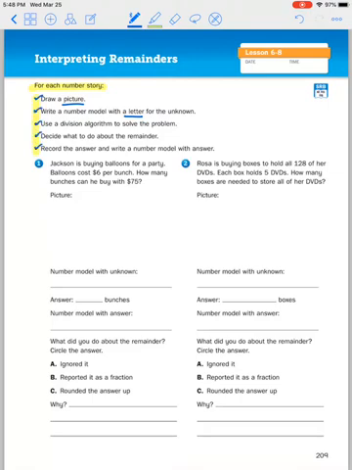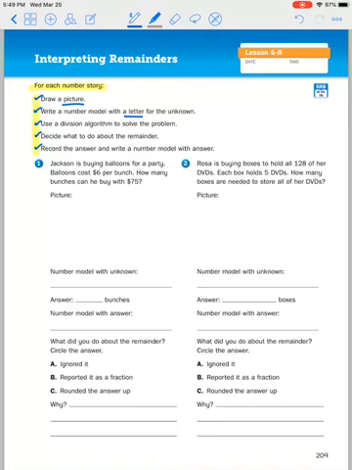So let's get started with problem number 1. Jackson is buying balloons for a party. Balloons cost $6 per bunch. How many bunches can he buy with $75? So I'm going to go back in and underline the important information.